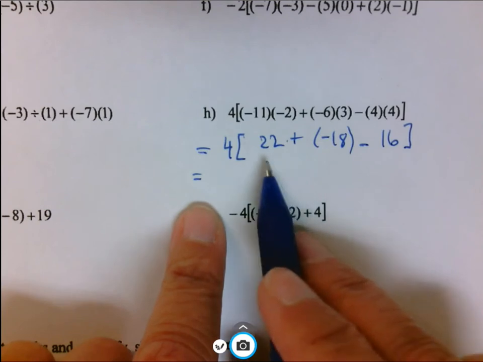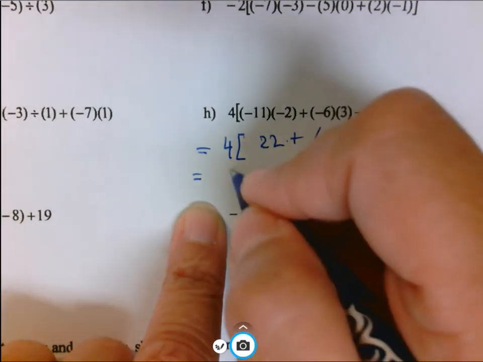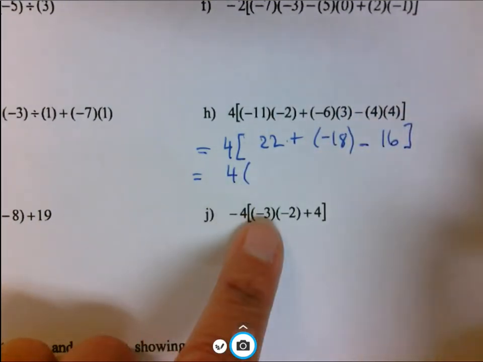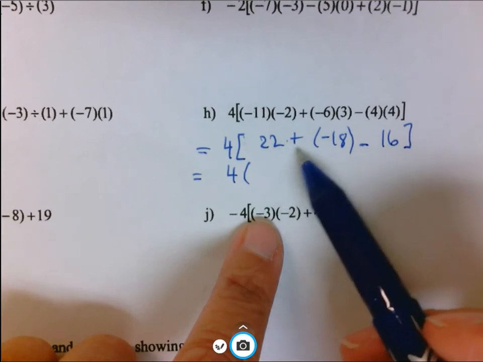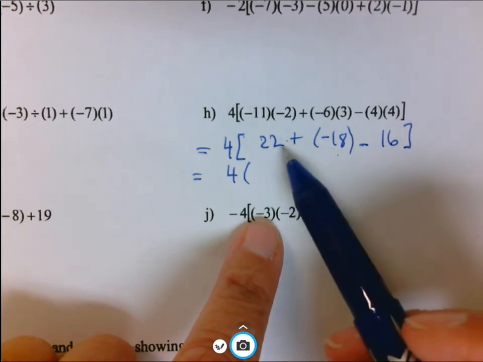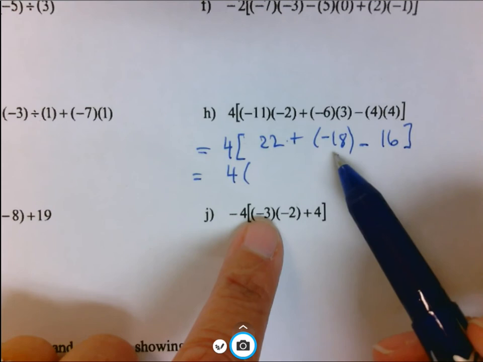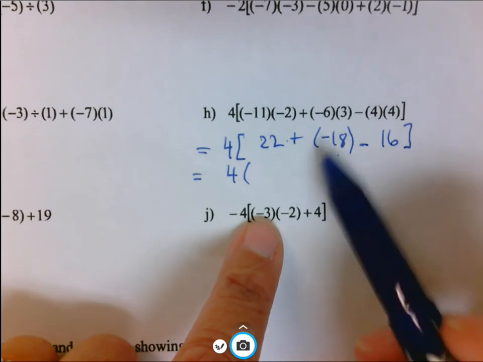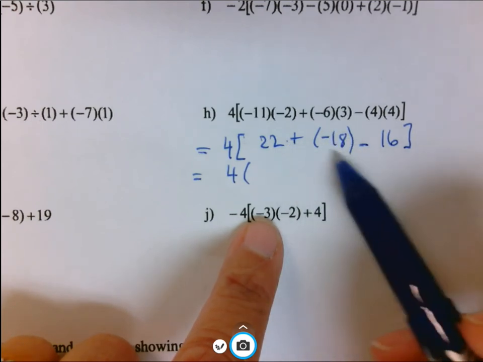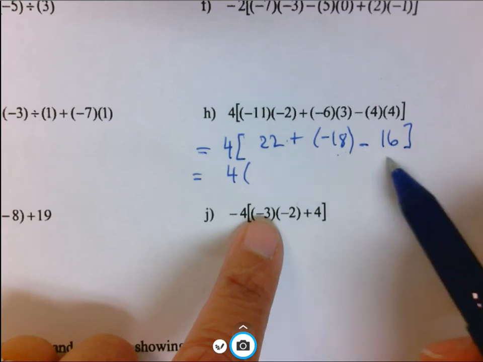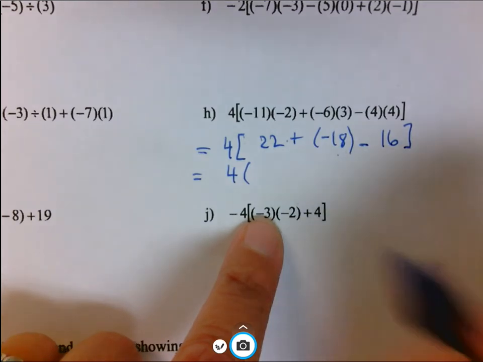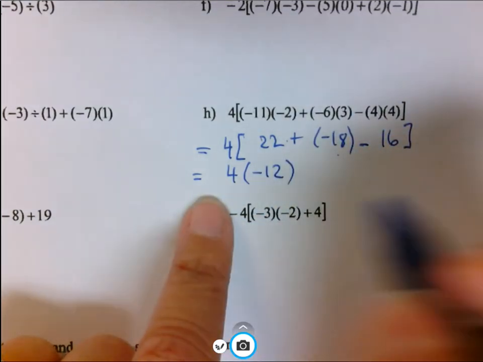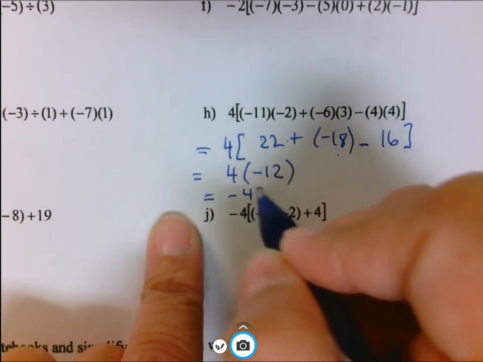Okay, still got to do the brackets first. So 4, I'm going to change to round brackets because I only have one set now. 22 and -18, so we're at 22 degrees. We're going down 18 degrees because we're adding cold. So that's going to be 4, and then down another 16 degrees, -12. And then 4 times -12 is -48.